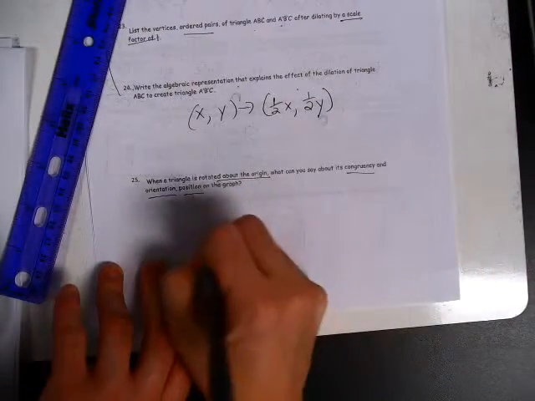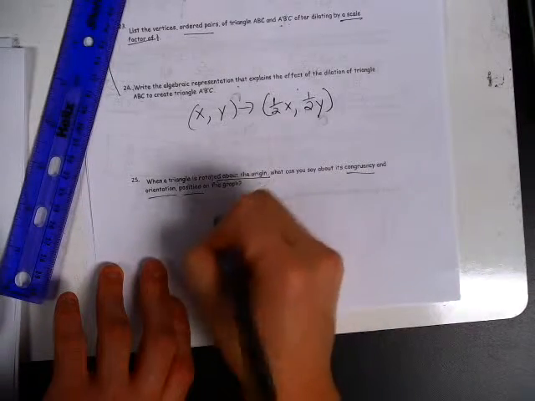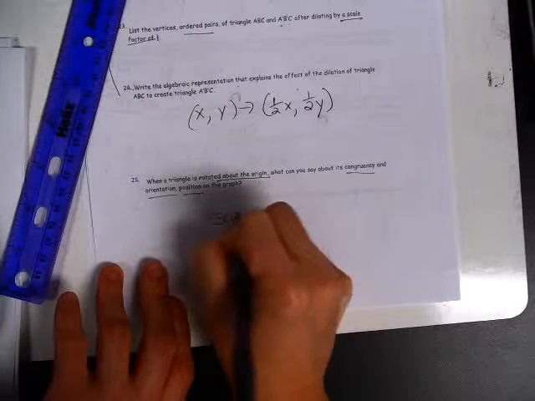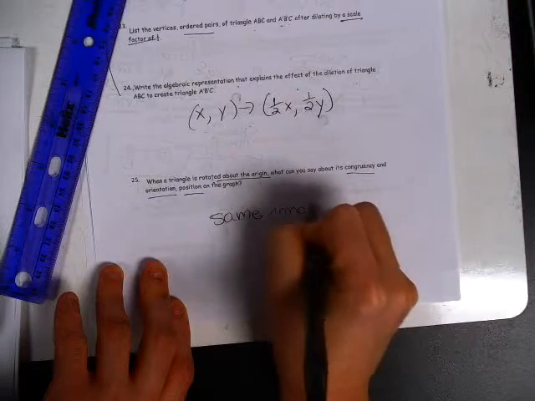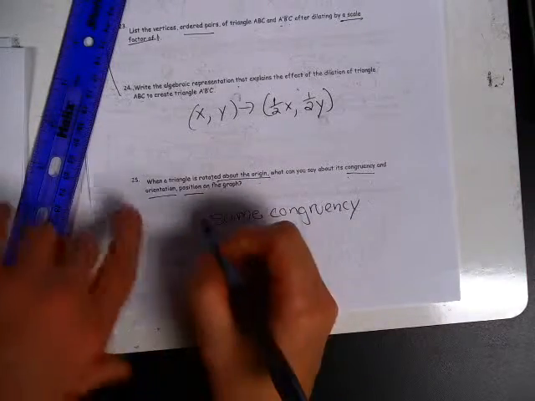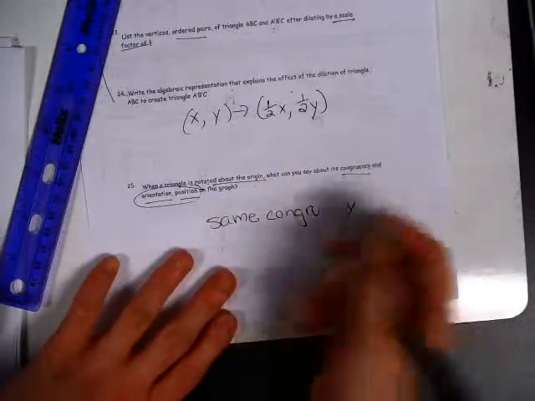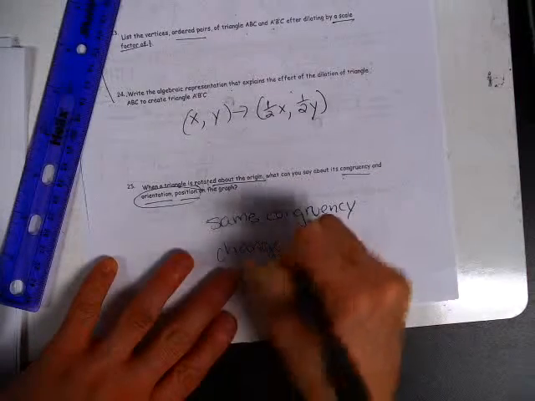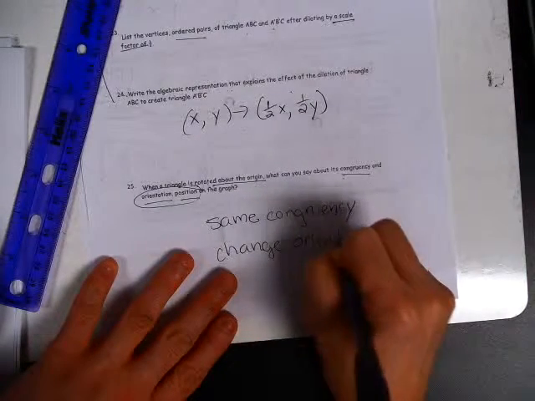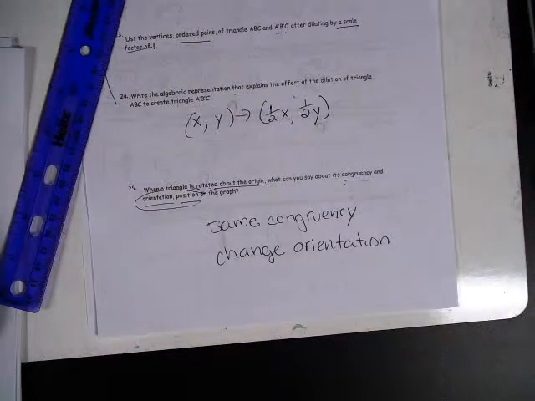Okay, so once a figure is rotated, we already talked about it keeps the same congruency. It stays the same shape. But because you're rotating it, it's going to change orientation, which just means how it's sitting.